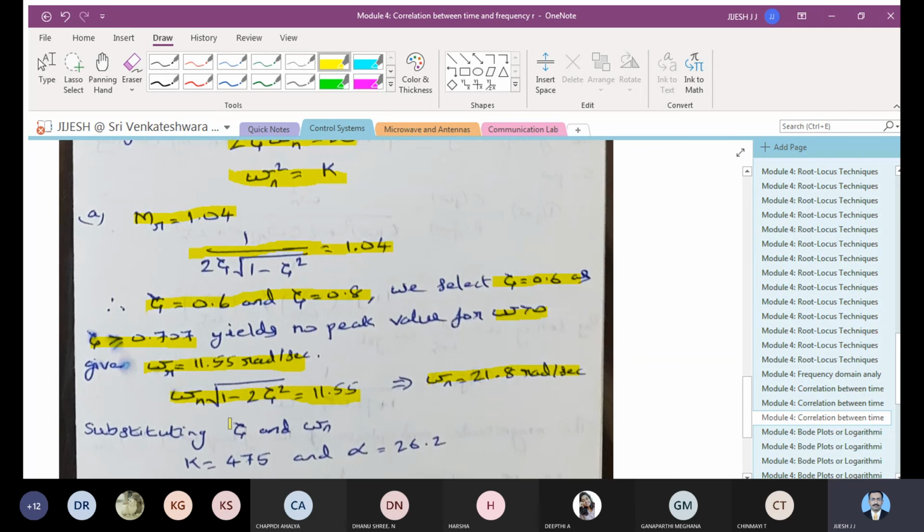So substituting zeta and omega n, we will get k is equal to 475 and alpha is 26.2. You can do the calculations and check whether you are getting these answers. I'll give you some time. You can check it out. You'll get alpha is 26.2 and the value of k is 475.